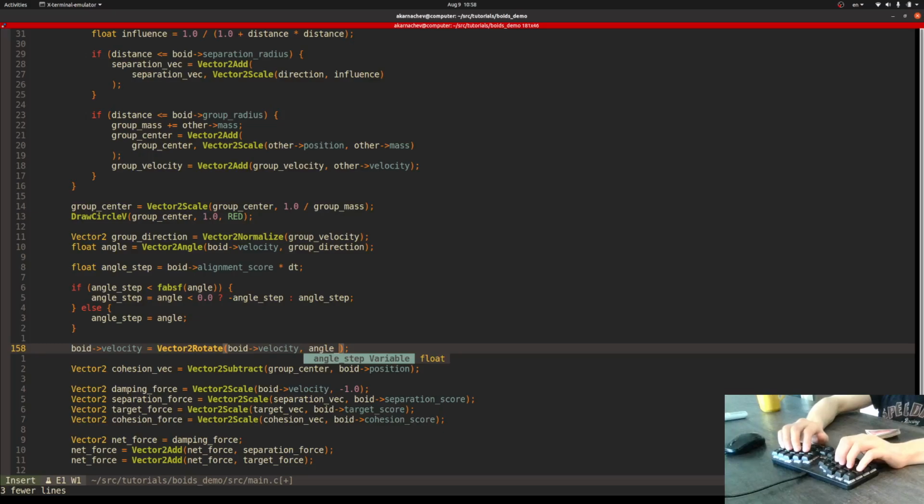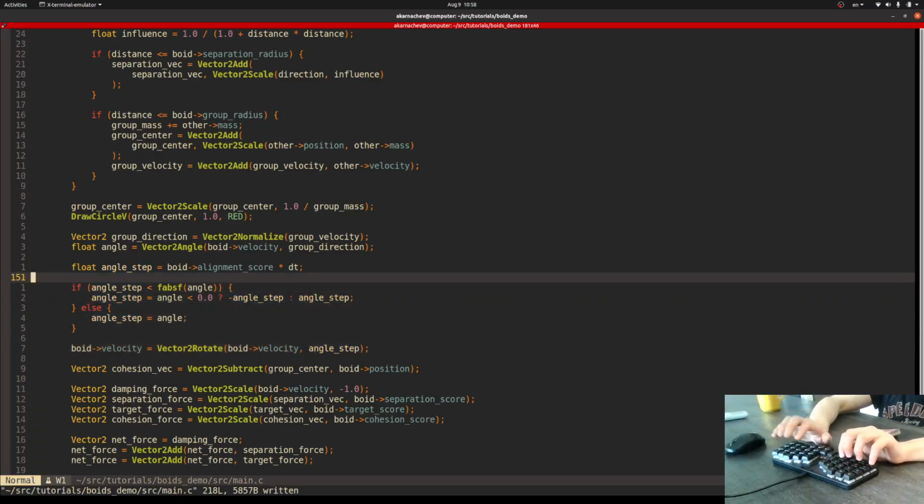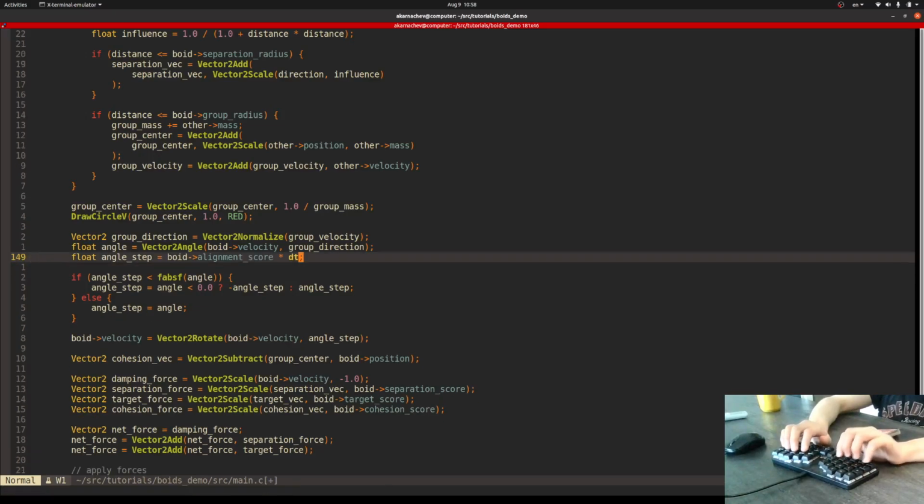Let me check. Angle step. In this case, I basically take into account dt. It's very important to take dt into account, because I don't want my physics to behave in separation from the timestamp. I want them to be tightly coupled, physics and timestamps.